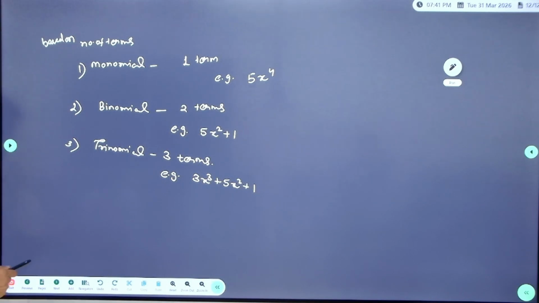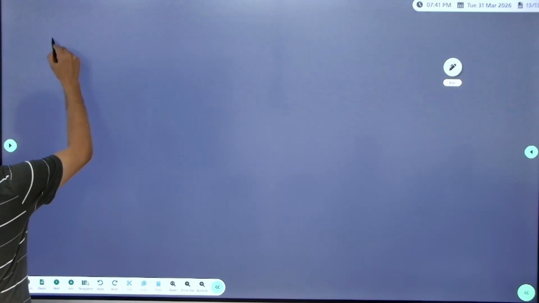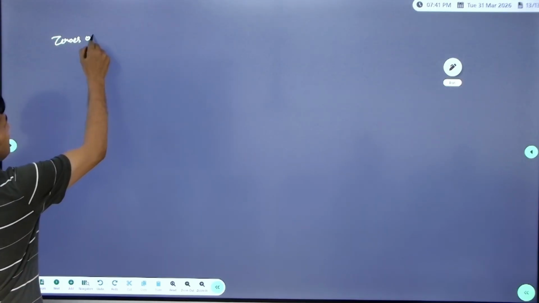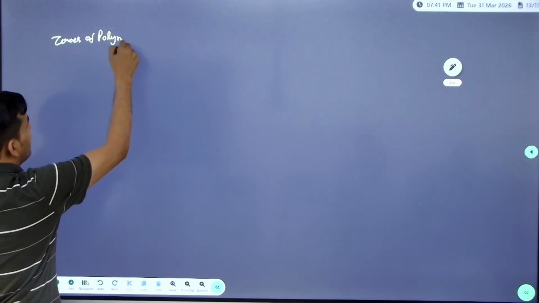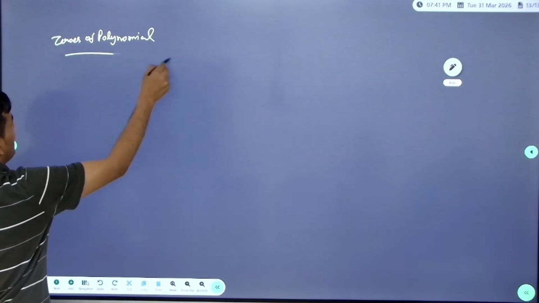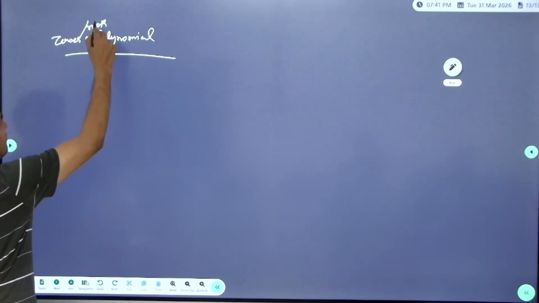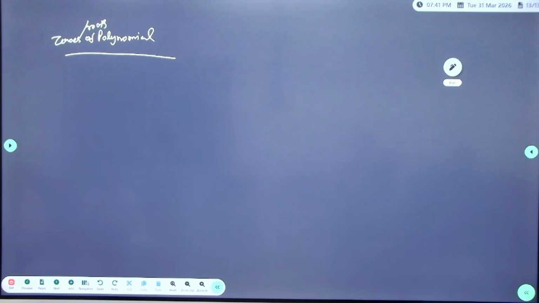Then, zeros of polynomial. Zeros are also known as roots of the polynomial. Zeros and roots both are the same thing.